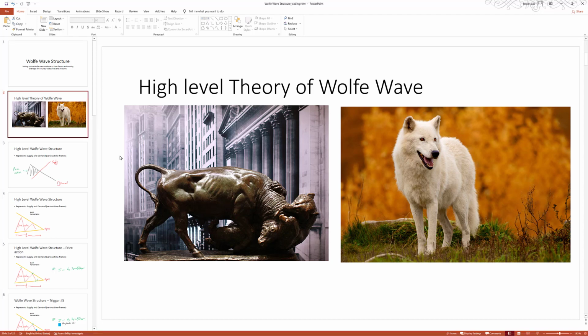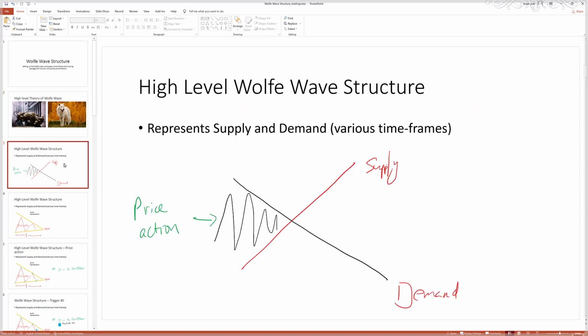Okay, so let's begin with the structure. The basic structure in the Wolfe wave is just a supply and demand curve. You already know a lot of people on YouTube or technical analysts will draw lines on the chart.